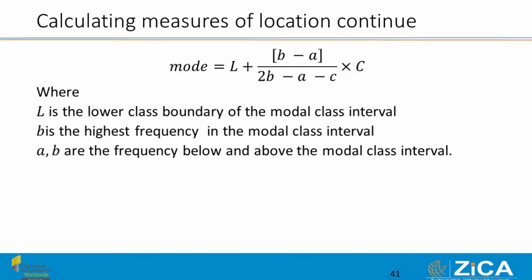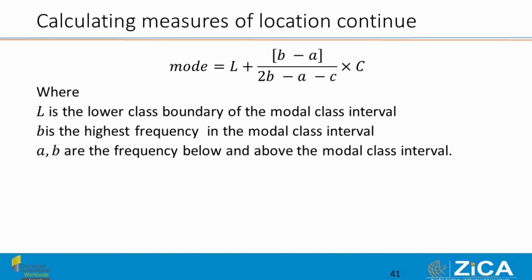Now, the other thing which I wanted to talk about is the values A, B, and C. Your A is the frequency below the highest frequency, which is B, and your C is the frequency above the highest frequency.